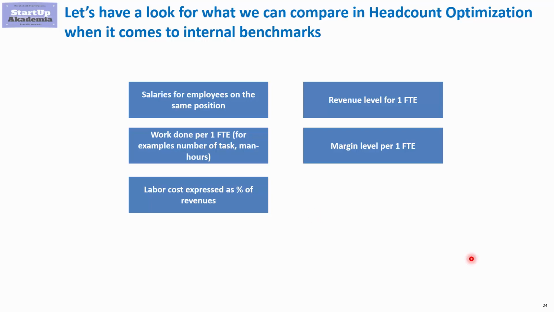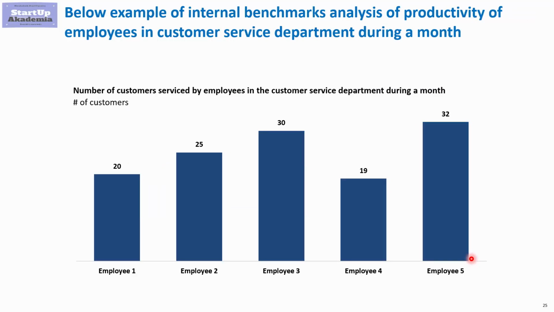But before we move to external benchmarks, let's have a look at one example where we'll be using internal benchmarks. So imagine that you have checked in a specific customer service department what people are doing, and you have discovered that they are taking care of different numbers of customers. So for example, employee 3 is servicing 30 customers, whereas employee 4 is servicing only 19 customers.